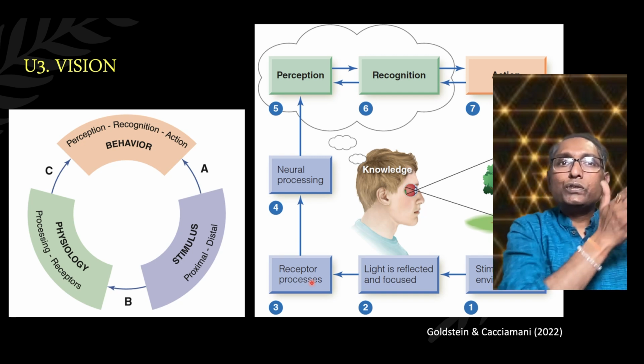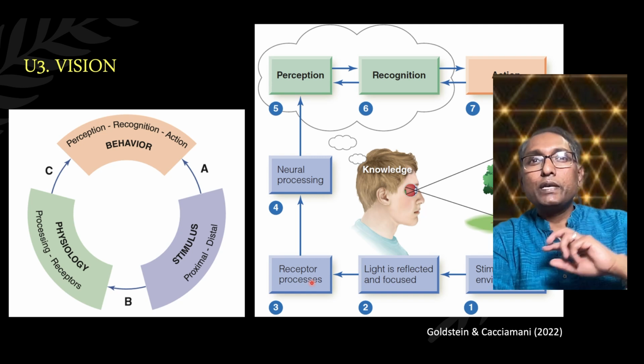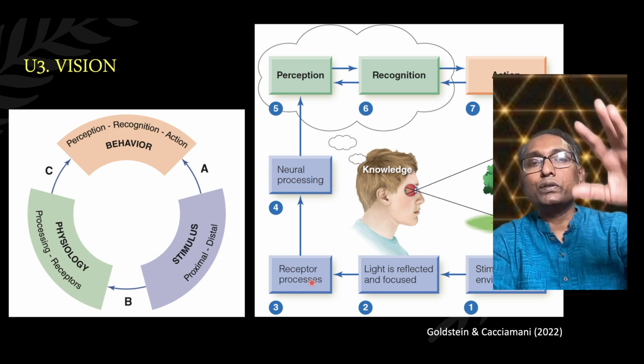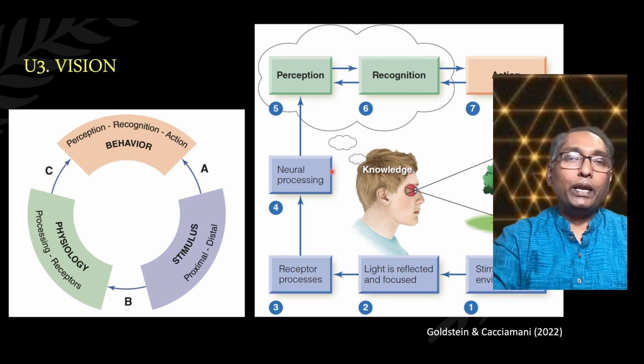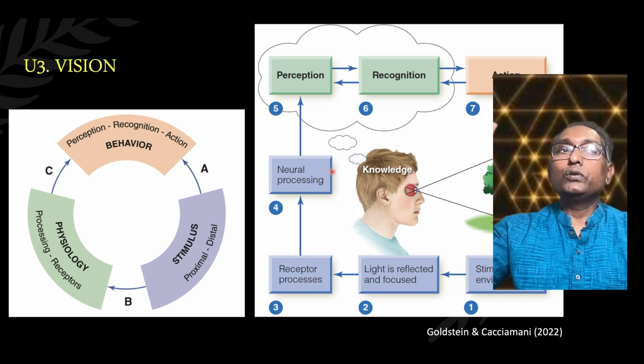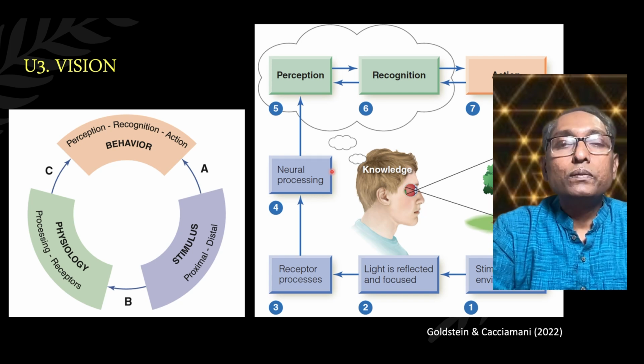All the changes to this electrical signal that's formed within photoreceptors together constitute the neural processing. Even within the brain, the information gets passed from one point to another, and we'll talk about what those points are. These processes are referred to as neural processing.